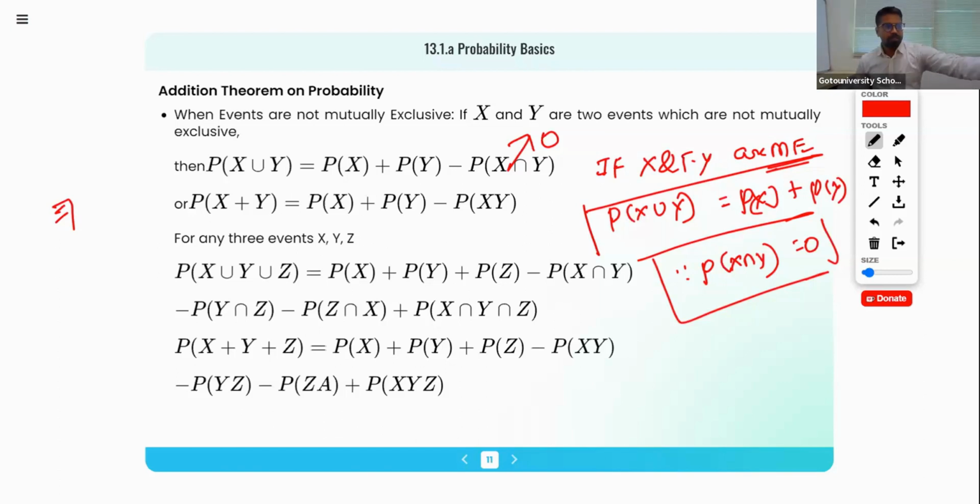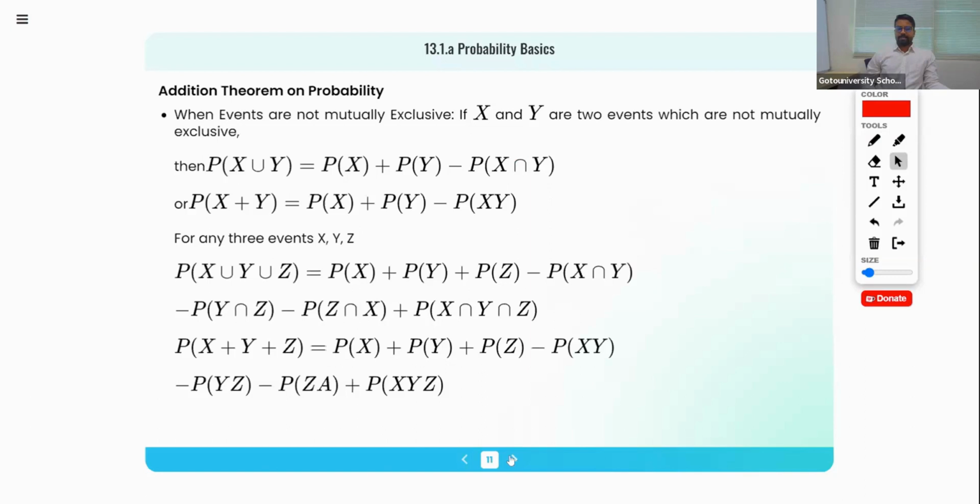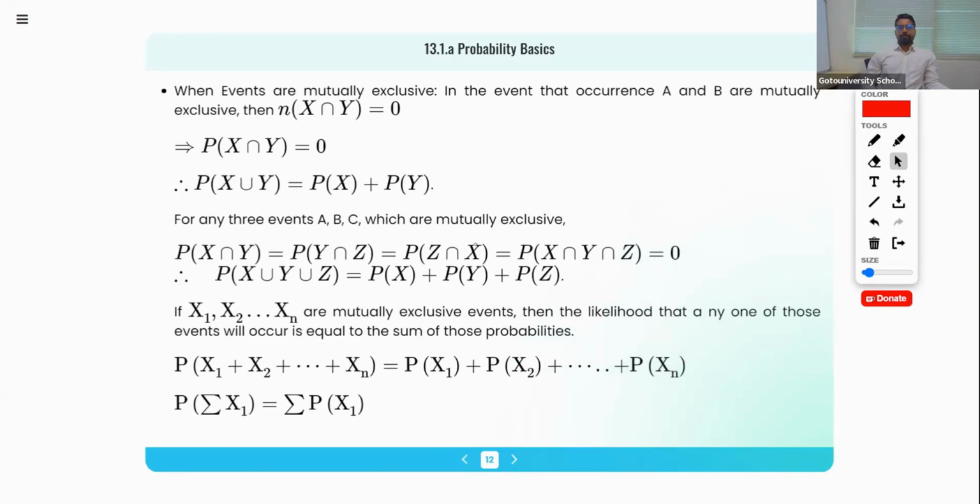After all this has been clearly understood, we can move on to the actual concept for today's class in the 12th standard. Whatever I mentioned right now is given here. When the events are mutually exclusive, n of X intersection Y will be 0.